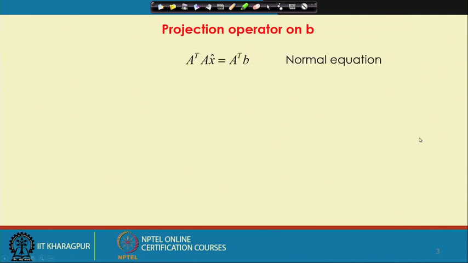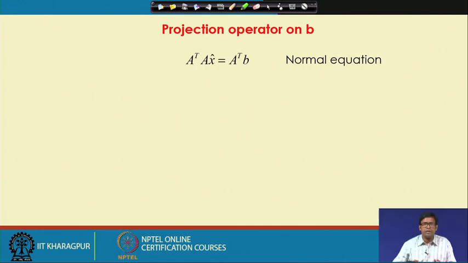Now, this projection operator on b projects the entire equation. We took the dot product of b minus A x tilde with A x tilde, as they are mutually orthogonal, made it 0, and obtained the normal equation: A transpose A x tilde = A transpose b.